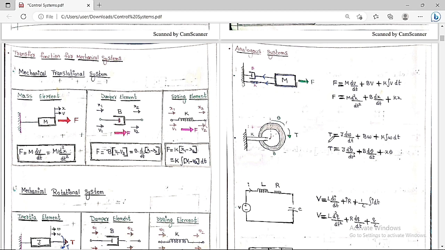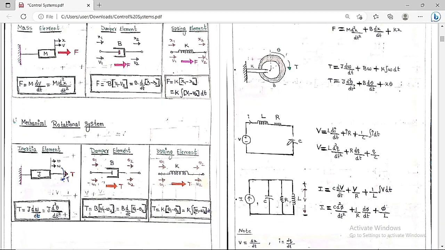For the system, T is equal to J into d omega by dt plus b into omega plus k into integration of omega into dt, or T is equal to J into d square theta by dt square plus b into d theta by dt plus k into theta, because angular velocity is the rate of change of angular displacement. By using this formula, we have got this equation.